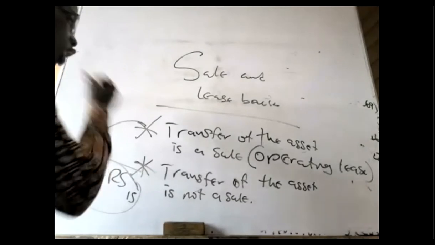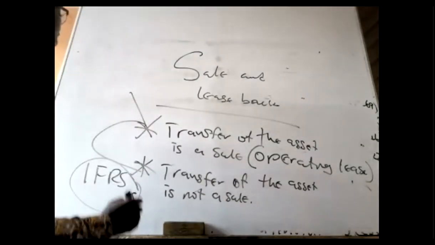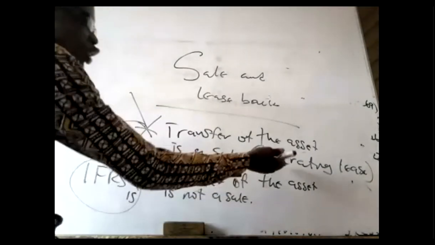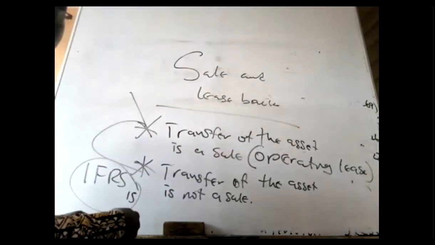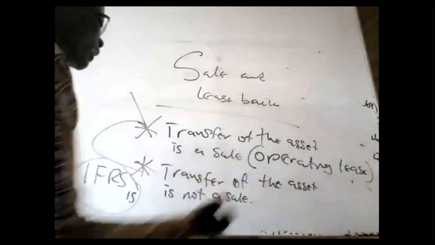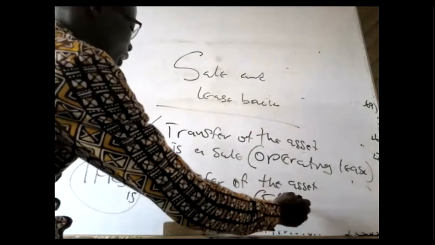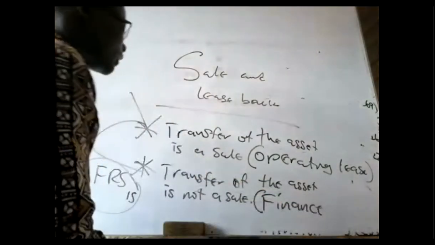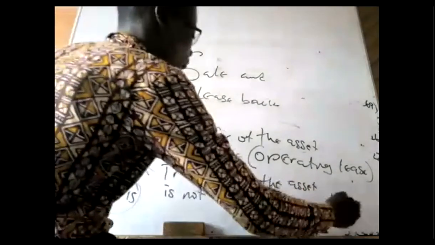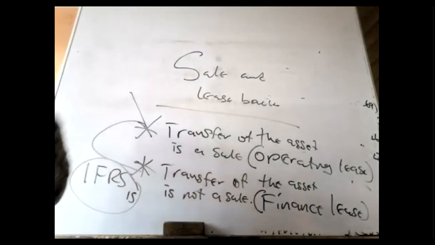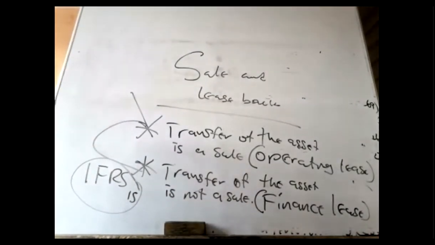Originally you own the asset and you dispose of it to B, and then you lease it back under an operating lease, meaning that control is gone. But if you lease it back under a finance lease, then it does not constitute what? A sale. So this is the simplest way to identify whether this transfer is a sale or not. That is all.